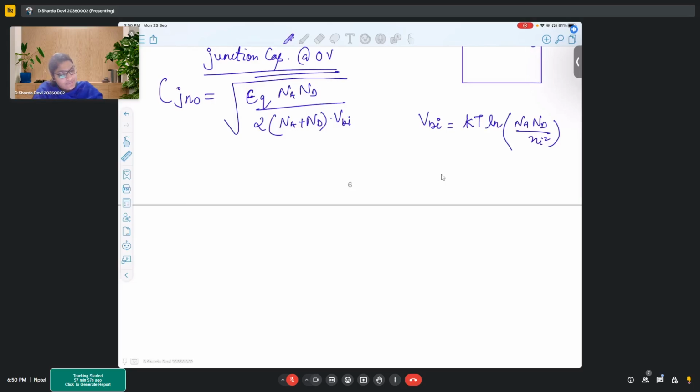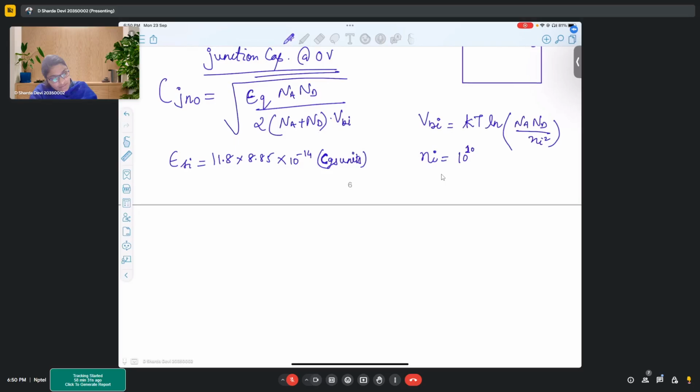So Ni we know, Ni is 10 to the power 10 in case of silicon. So considering silicon, epsilon silicon is also 11.8 into 8.85 into 10 to the power minus 14 in CGS units, that is centimeter gram seconds.